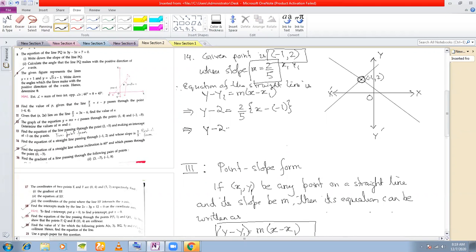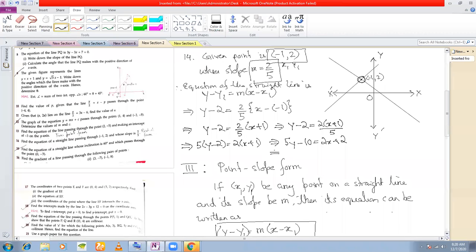And we just simplify this a little. Now cross multiply. 5y minus 10 is equal to 2x plus 2.